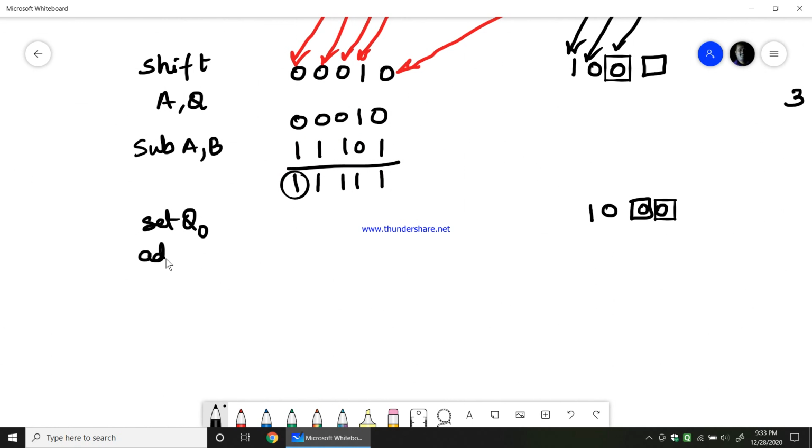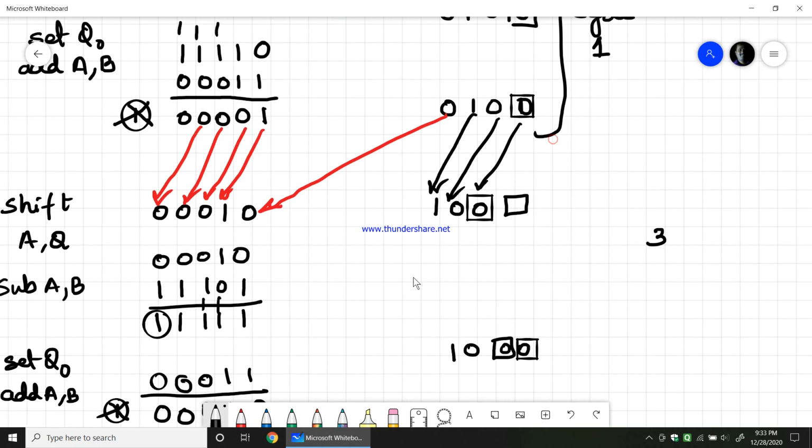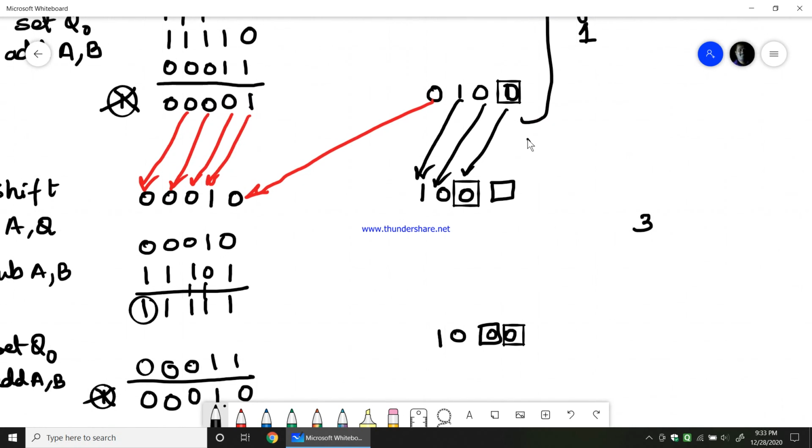So adding a comma b, b is 0 0 0 1 1. So I'll get the new value of a: 1 plus 1 0, 1 plus 1 plus 1, 1 plus 1 0, 1 plus 1 0, 1 plus 1 0, and this 1 which we get as a carry will be neglected. So this completes cycle 2.